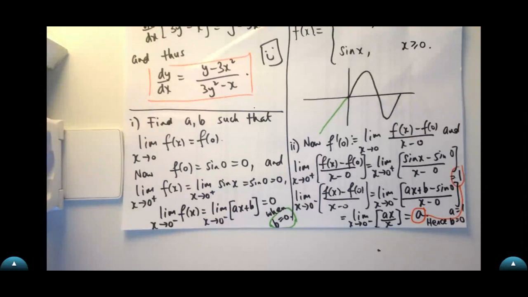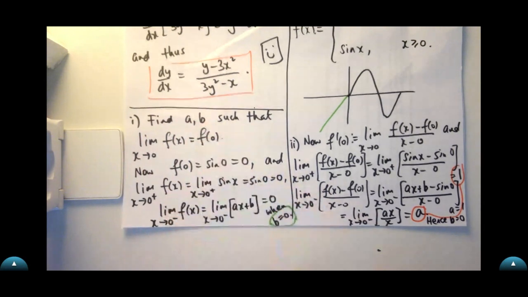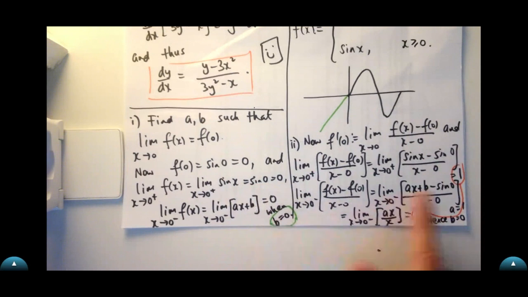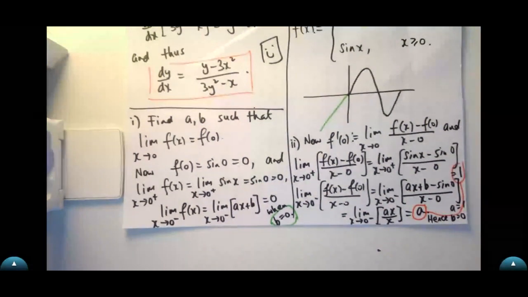So these kinds of questions are classic Math 113 examples where you work out the continuity first and you get one of the conditions, and then the differentiability gives you the other. I actually think that's harder than the previous one that we did, but that's up to you really.